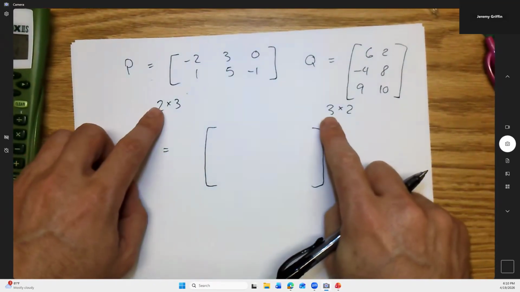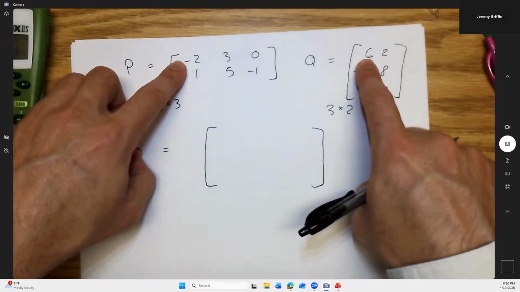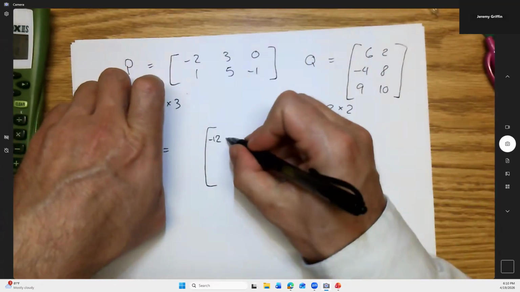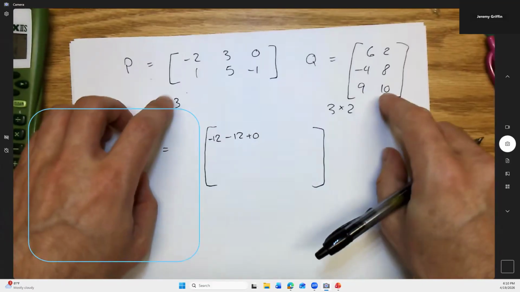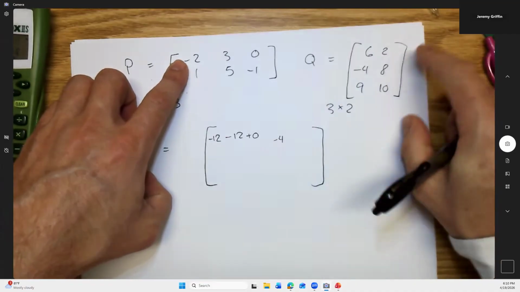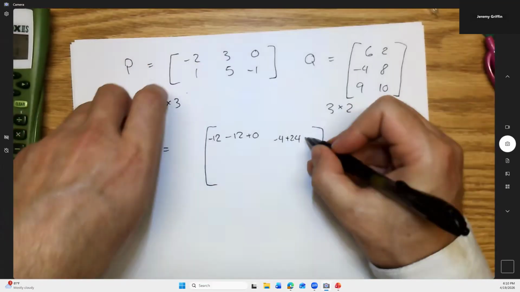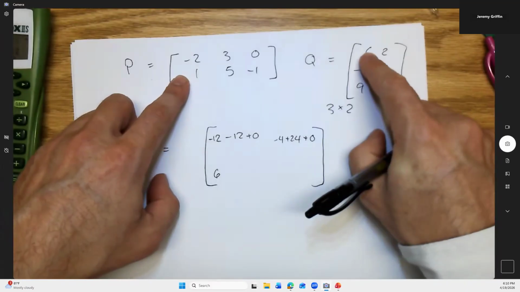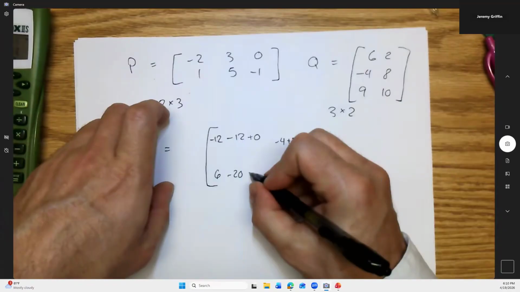So I should end up getting a 2 by 2 here. Let's do negative 2 times 6, that's negative 12. Plus 3 times negative 4 is another negative 12. Plus 0 times 9, which is 0. Then over here, negative 2 times 2 is negative 4. 3 times 8 is 24. And 0 times 10 is 0. Then down here, I got 6 minus 20 minus 9.